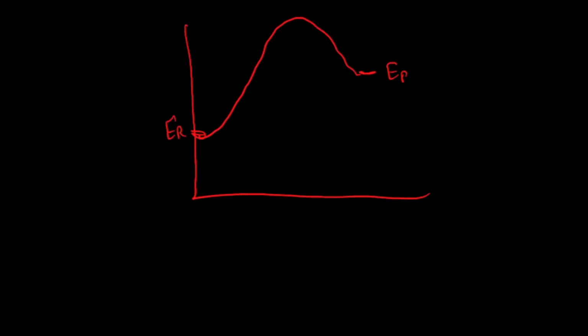And because it's a different path, the activation energy can be lower, like that. And since the activation energy is going to be lower, there's going to be more chemicals that can surpass that activation energy. There's going to be a faster reaction.